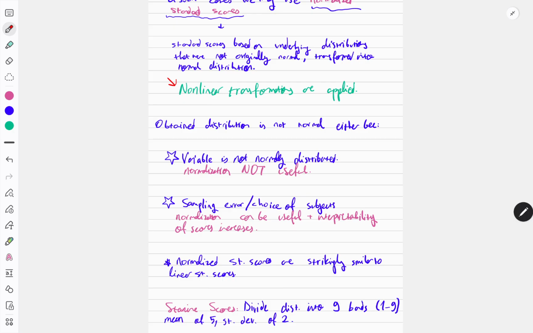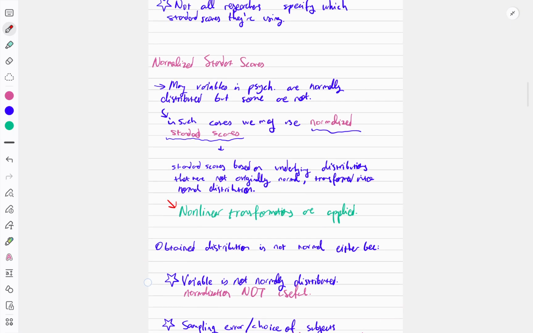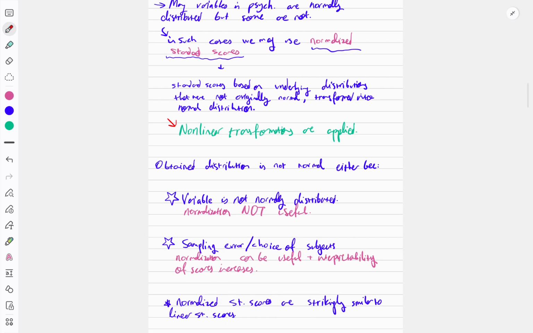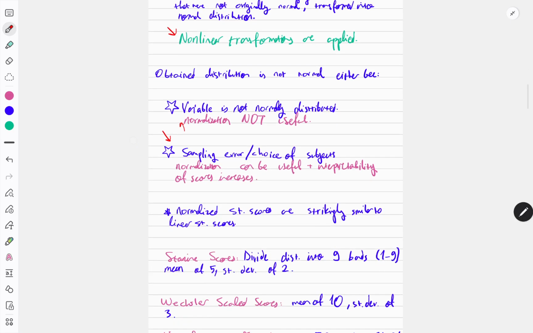Either the variable is actually not normally distributed, in which case using normalized standard scores doesn't mean a lot and is not really beneficial. But when sampling errors or choice of subjects are the reason we are not getting normally distributed data, then it's good to use normalized standard scores.